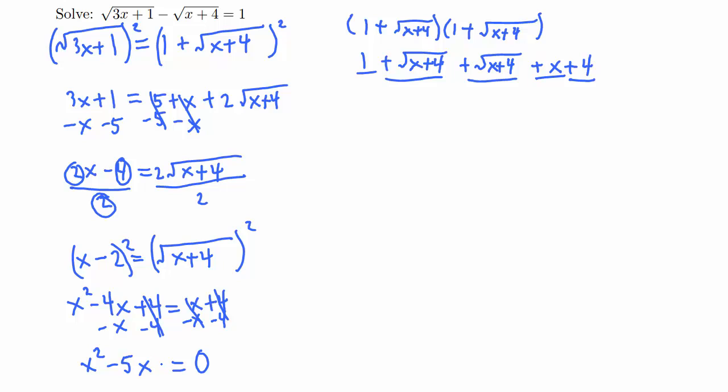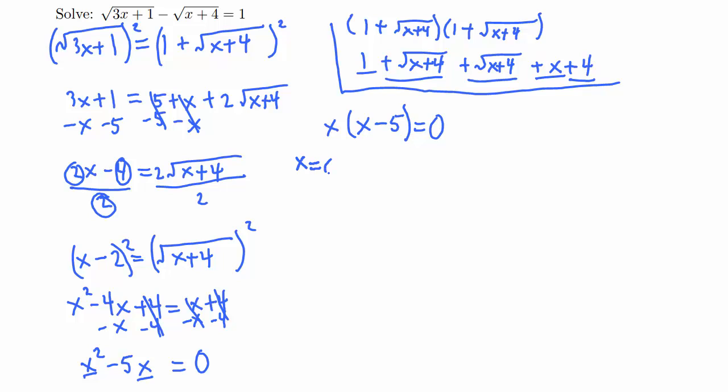You don't have to have a number there. And notice that in this term there's an x, in this term there's an x, so there's a common factor. If I was to factor out the x, that gives me x times x minus 5 is equal to 0. And again, that means x equals 0, or x minus 5 equals 0. Notice I can add 5 to both sides, making that x is equal to 5.